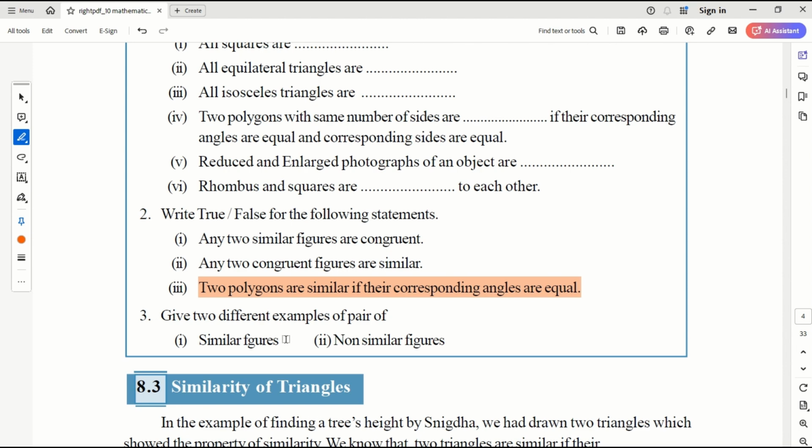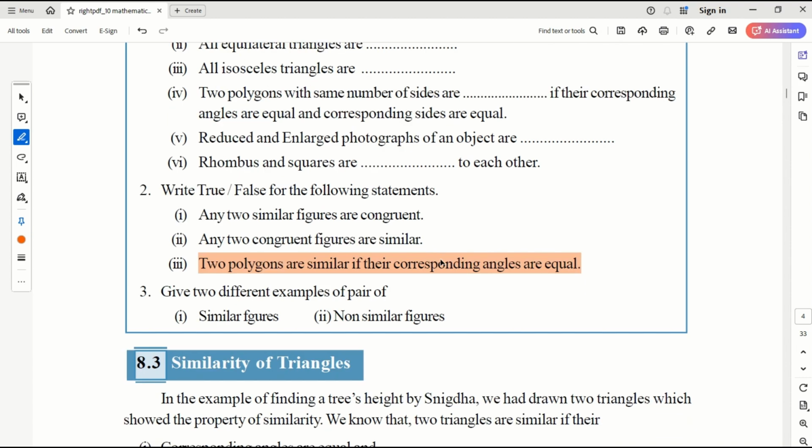All the right angle triangles with sides, let's say, 3, 4, 5 as the right angle sides, and the other one in the proportion of, let's say, 6, 8, and 10, right? Then they will be similar. Non-similar, so many things you can say: a rectangle and a square, a pentagon and a rectangle. You have thousands of non-similar figure examples.